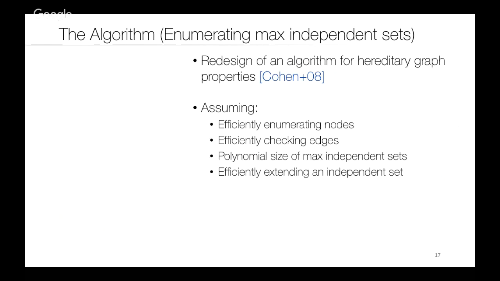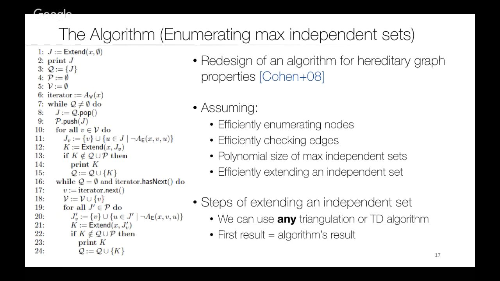Now, one thing I want to say about our algorithm is that it has these steps of extending an independent set to a maximal independent set. Now, as we said, maximal independent sets correspond to minimal triangulations. So in fact, we can take any method of minimal triangulation or even tree decomposition, and we can use it for these steps of extending an independent set.